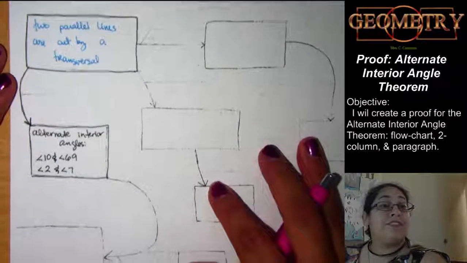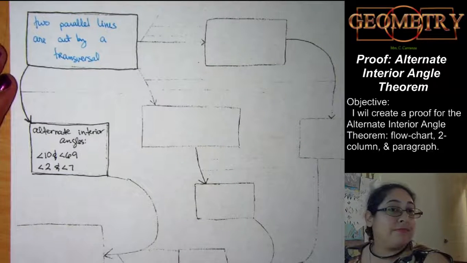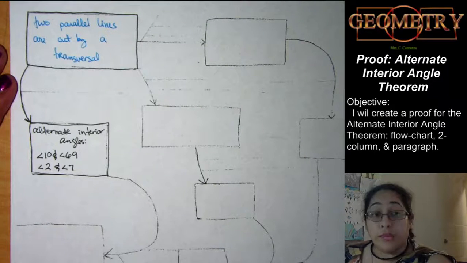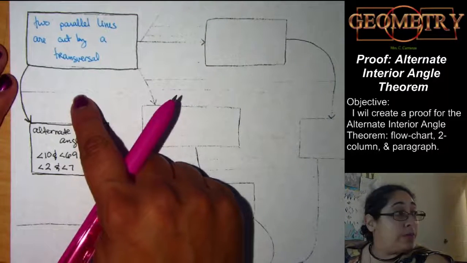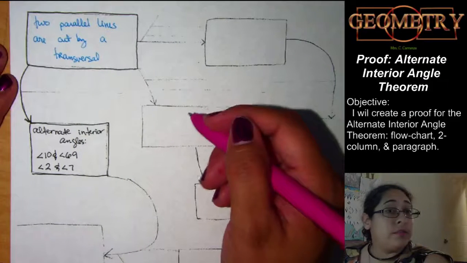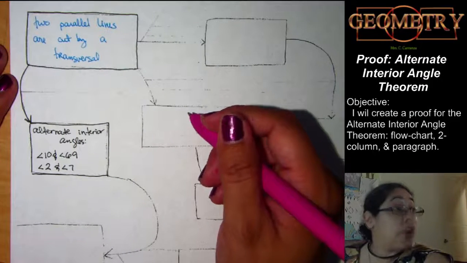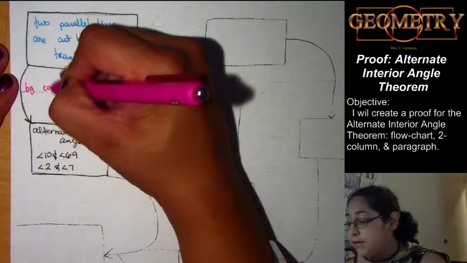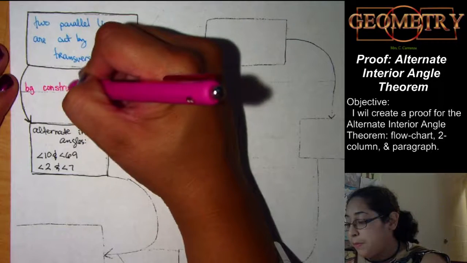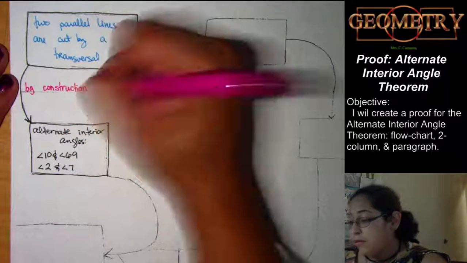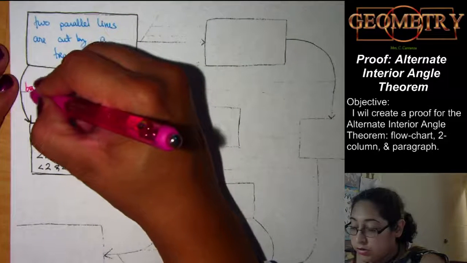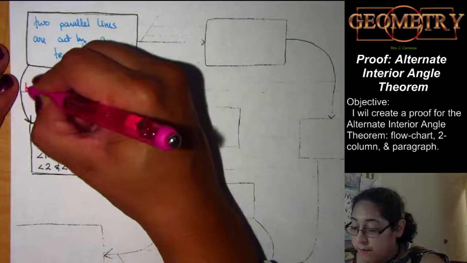Thank you, ma'am. You're very welcome. And I used the picture to get me that information, didn't I? Yes. And so our reason, you can see a very faint line right here. That's where we're going to write our reason. We're going to write by construction because it was the construction that we drew that allowed us to say that. By construction. Oh my goodness, that looks like a G. It's supposed to be a Y.